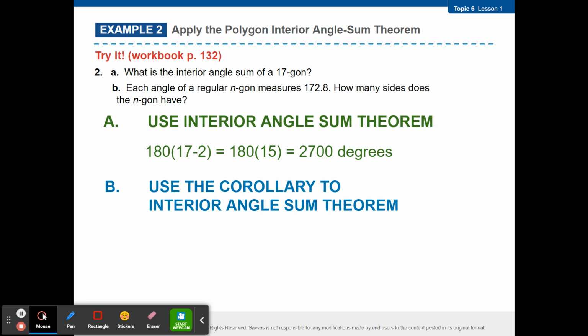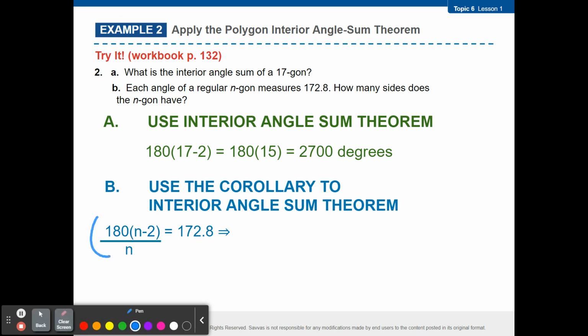Okay. So if we're using the corollary, we are setting this up: 180 times n minus 2 divided by n. This is the corollary of the interior angle sum theorem. And we're setting that equal to 172.8. So the first thing I want to do is multiply both sides by n.